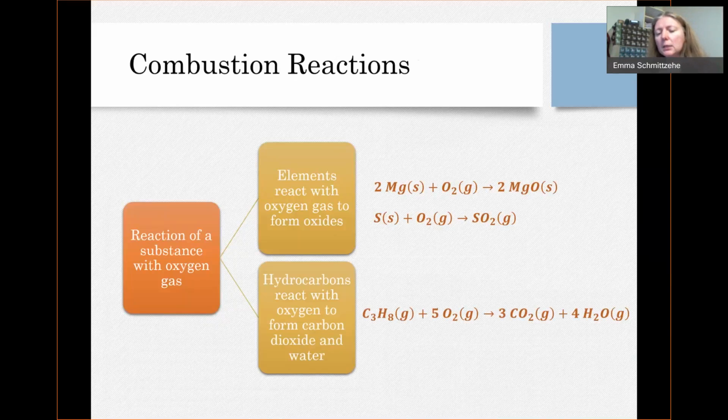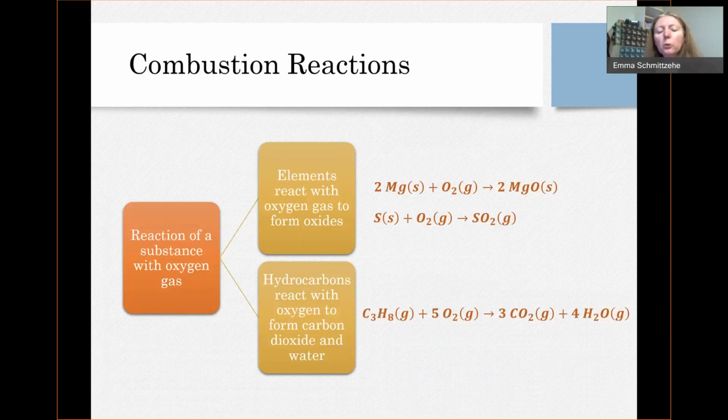And what happens is you form carbon dioxide and water. Okay. Now, most of the time, these reactions occur at a high enough temperature that the water is water vapor. So that's how I have it listed in this reaction. But sometimes you'll see these reactions written where they have it as liquid water. That would be after everything cools down.